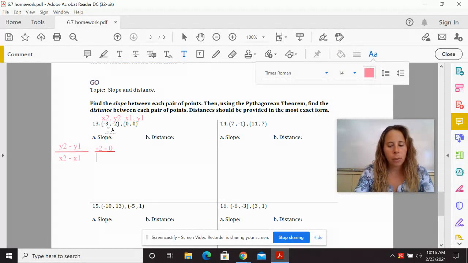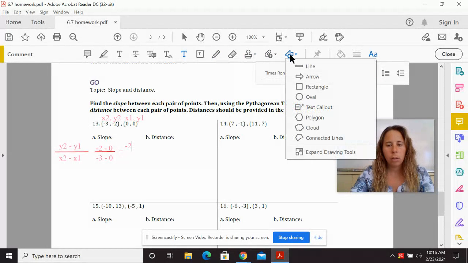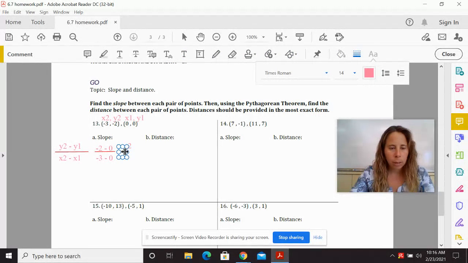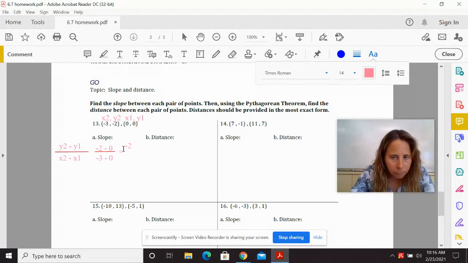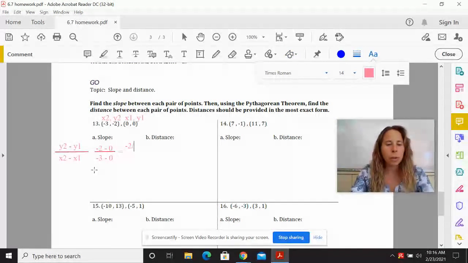x2, which I have is -3, minus x1, which is 0. -2 minus 0 gives me -2. -3 minus 0 is -3.